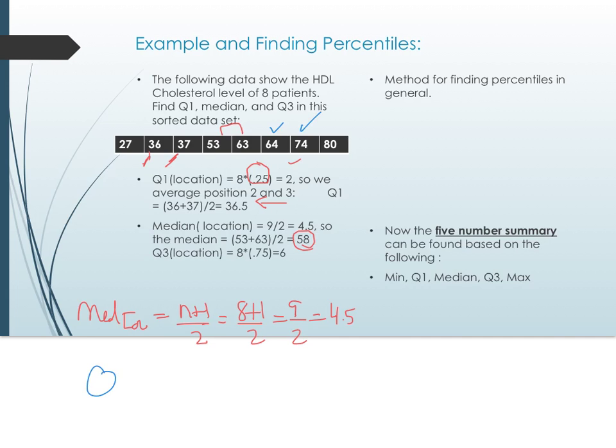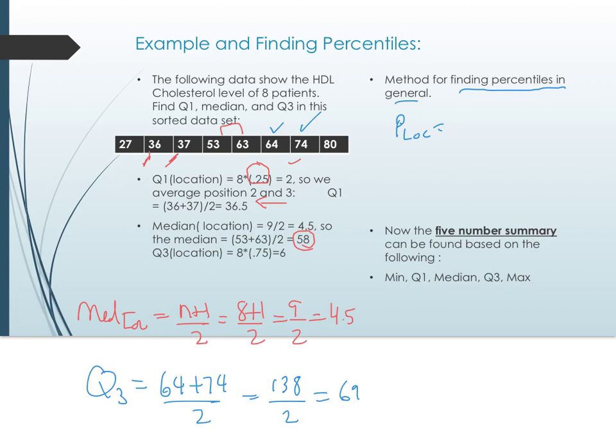So Q3 is equal to 64 plus 74 divided by 2, and that gives us 138 divided by 2, which is 69. So Q3 is 69.